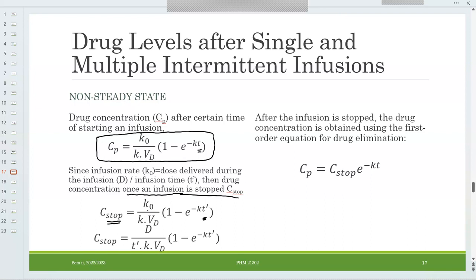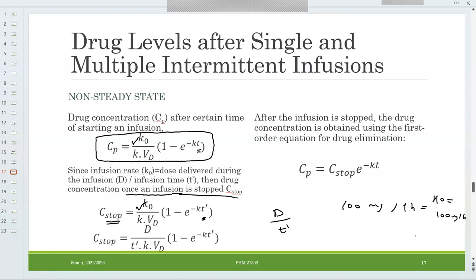Okay? And we can use either this equation, having the infusion rate, this form, or we can replace infusion rate by the dose divided by infusion time. For example, if I give 100 milligram over 1 hour, then K0 equals 100 milligram per hour.